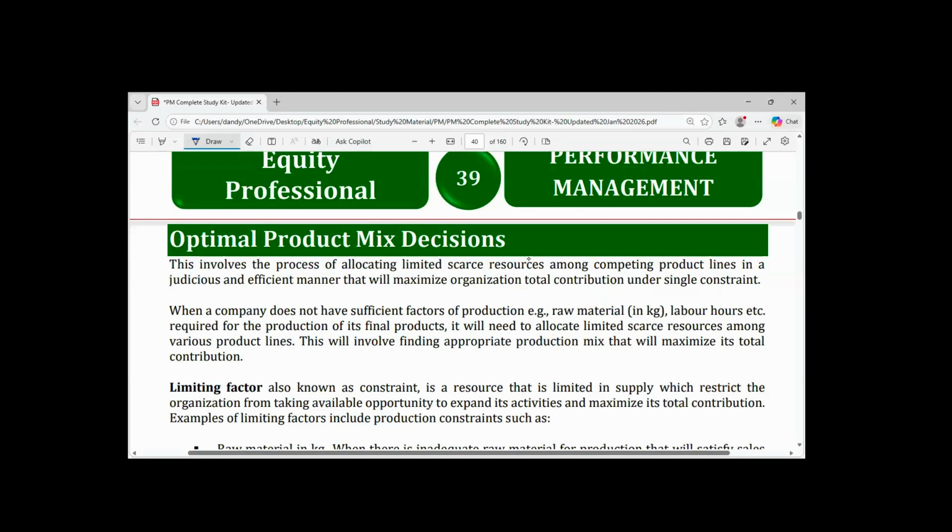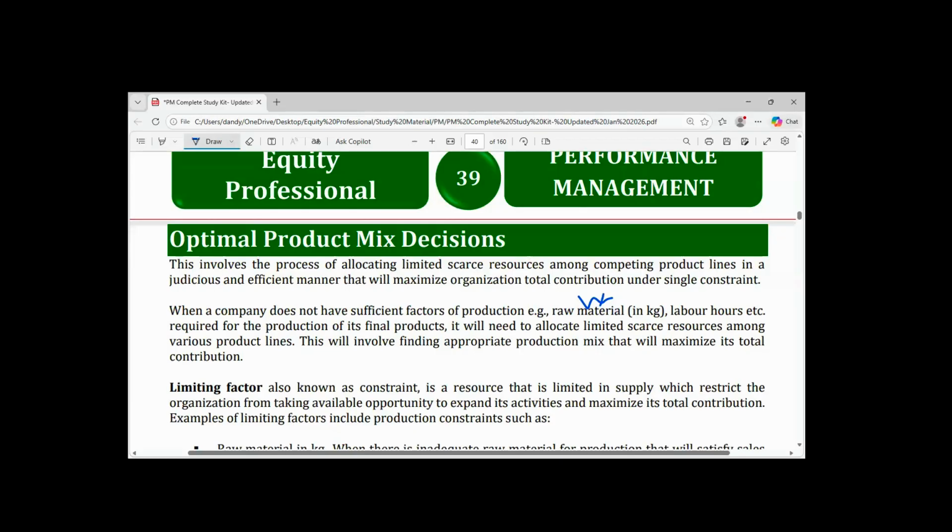We then moved to relevant costing for decision making. Then, last time we completed short-term decisions. Under the short-term decisions, we discussed deleting of a segment, make or buy decisions, and also special order.